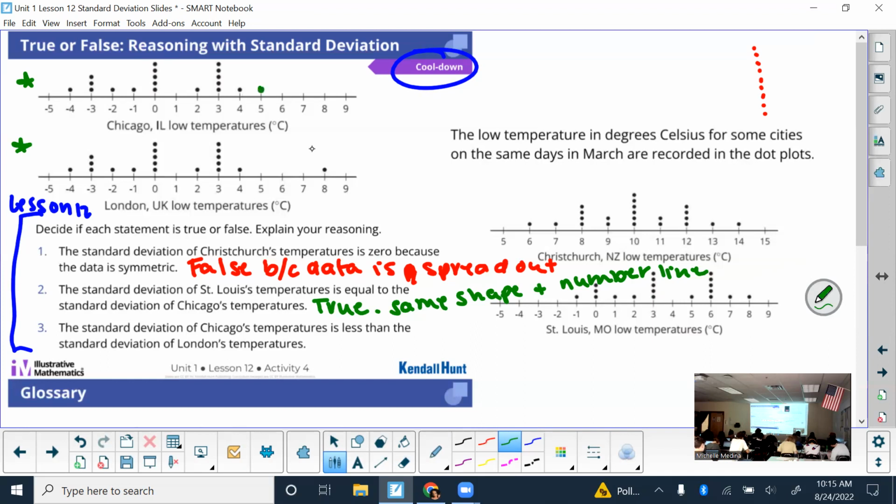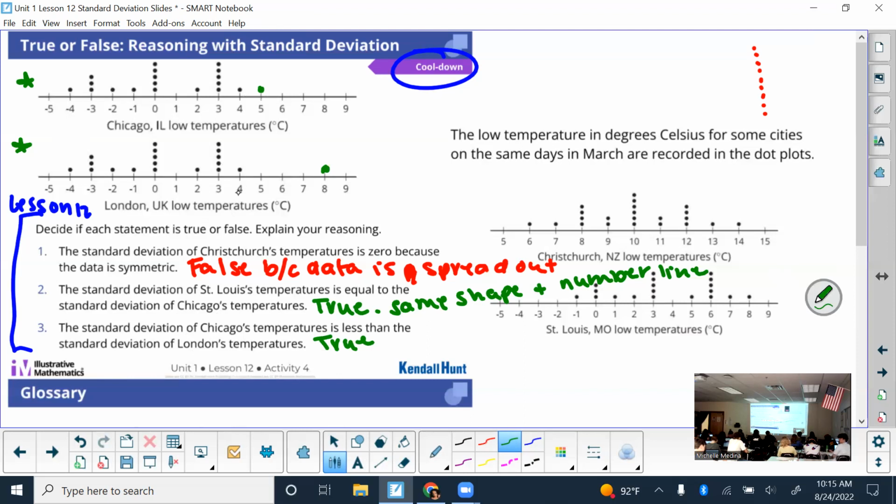We have one on the 5, one on the 8. Which one is more spread out? London, because this data point is farther from the rest of the data compared to the one that's on the 5. So this is true or false again? Sorry. True. Chicago's is less spread out, lower standard deviation compared to London.